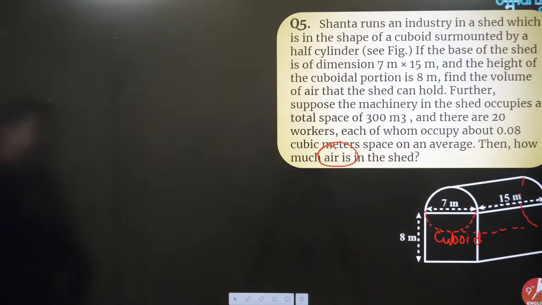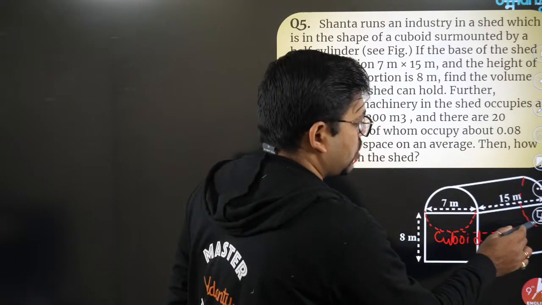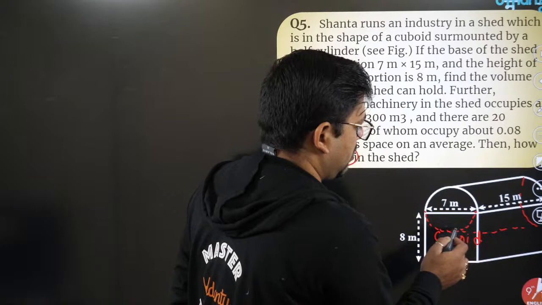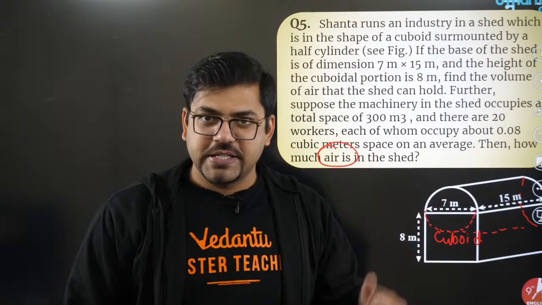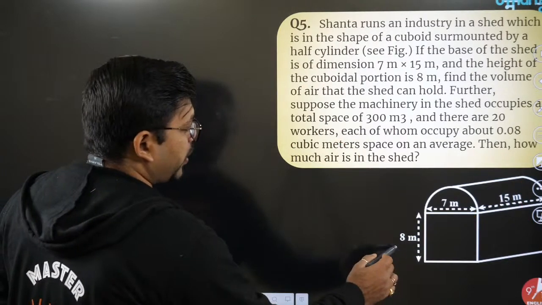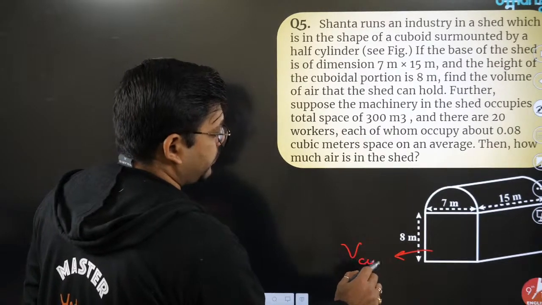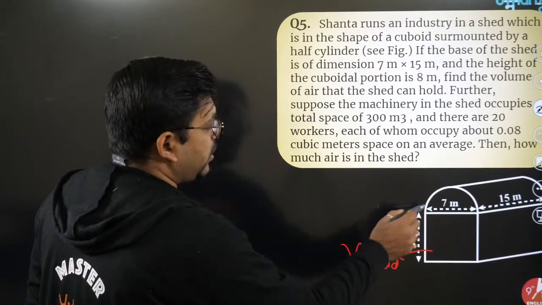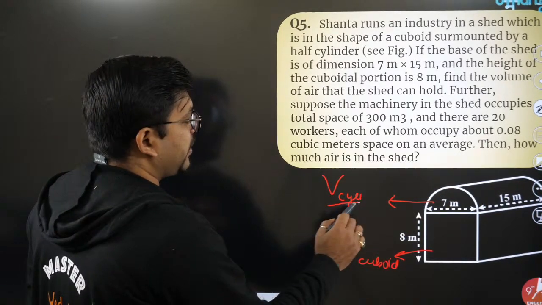I was saying that if you would make this, this would be some type of cylinder. So basically the upper portion is half of the cylinder. So what you'll have to do here is volume of cuboid, and then volume of cylinder divided by 2.